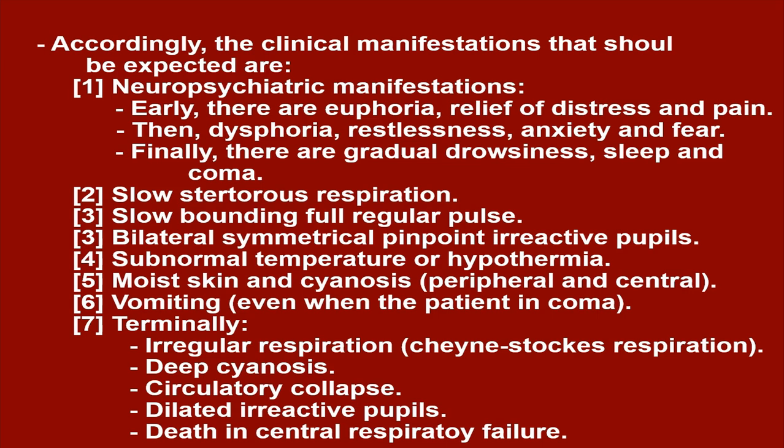Terminally, there is irregular respiration in the form of Cheyne-Stokes respiration, which is a mode of respiration characterized by alternating periods of apnea and hyperventilation. There is deep cyanosis, circulatory collapse, dilated reactive pupil, and death in central respiratory failure.